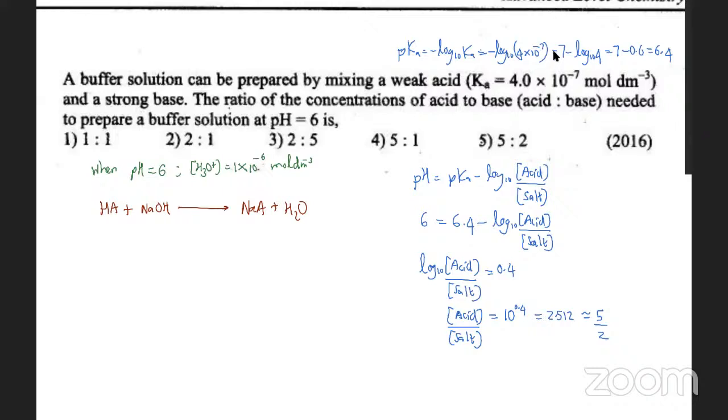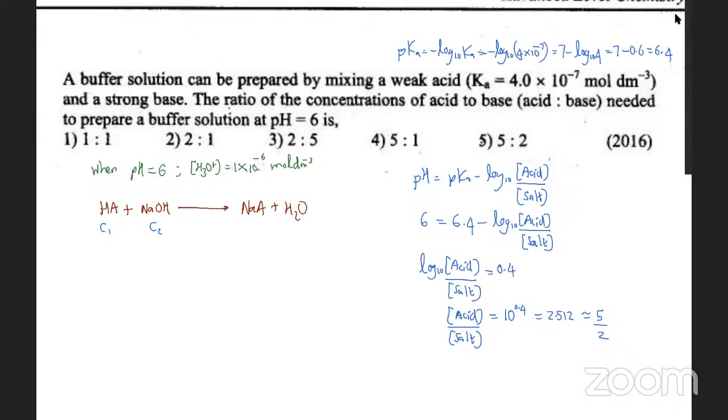If they're talking about the strong base concentration and everything, we will have to take the concentration of this as C1, concentration of this as C2, and the volumes. But a buffer solution can be prepared by mixing a weak acid and a strong base, that's all they have mentioned. So I think we have to go this way. There's no other way we can approach this question, right?